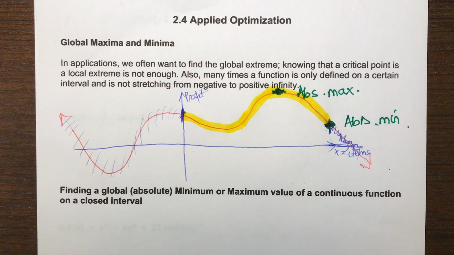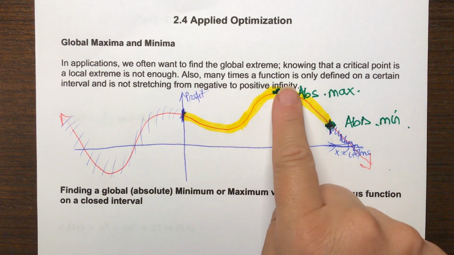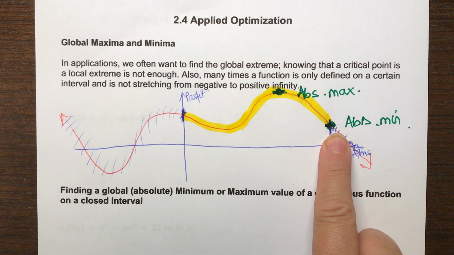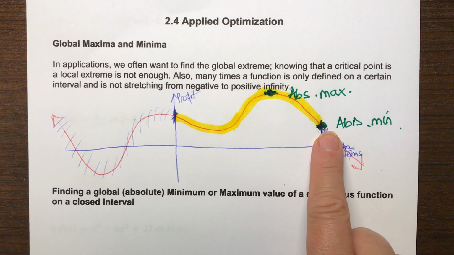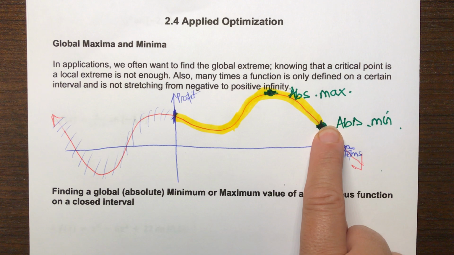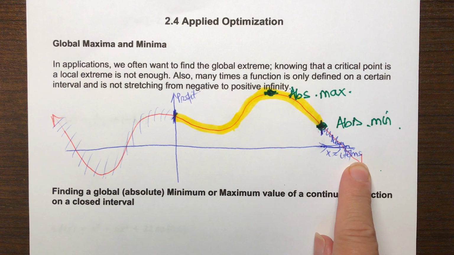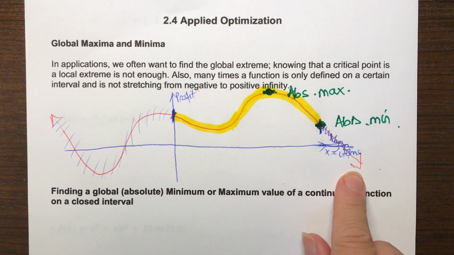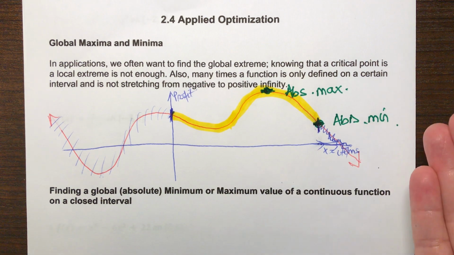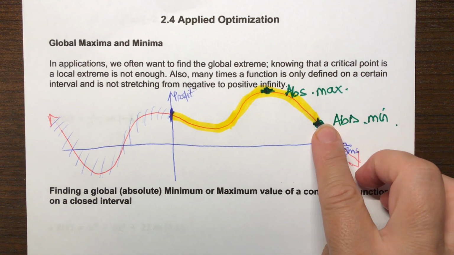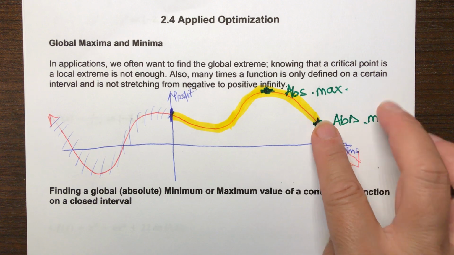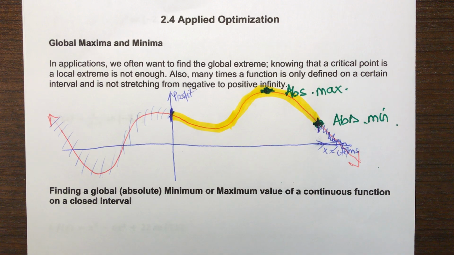So which ones are local mins and maximums? These turning points. This isn't a turning point, okay? So why did it become an absolute minimum? Because that's where we cut the graph. Otherwise, there would have been no absolute minimum. This would go down and down and down to negative infinity. So I wouldn't have even gotten a lowest possible value. So it just so happened because I cut the graph there, that's where my minimum was.